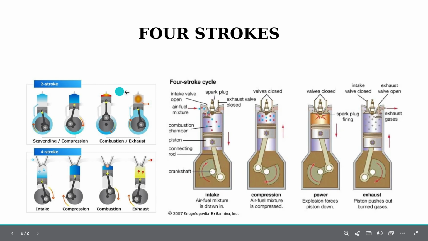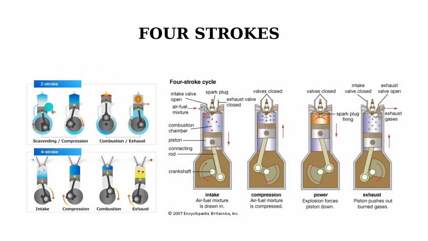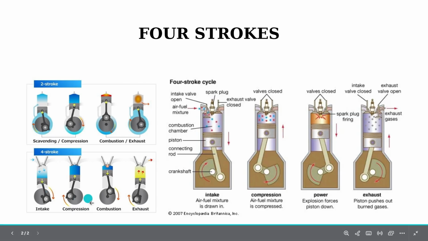In the next lessons, we will talk about two-stroke engines too. These stages are called strokes, and each stroke represents one movement of the piston inside the cylinder. So in simple terms, a stroke is the movement of the piston up or down. In a four-stroke engine, the piston completes four movements to finish one full cycle.